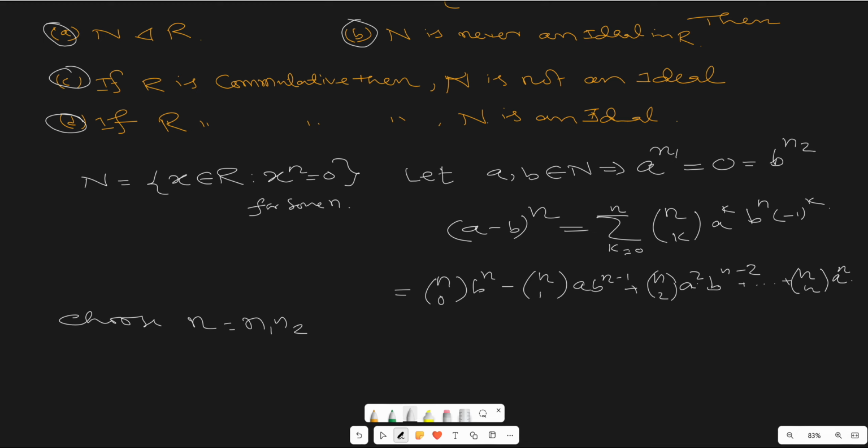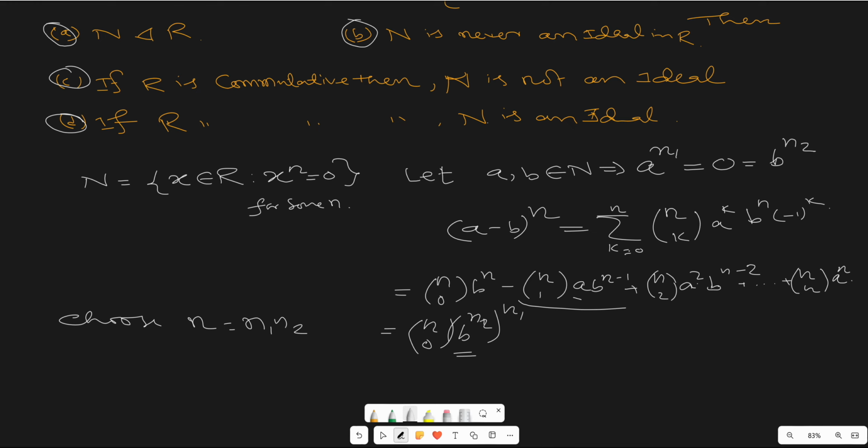So see, b to the power n, you can write it as n choose 0, b to the power n1 n2. But b to the power n1 n2 you can also write as b to the power n2, to the power n1. So this will give you 0. Come to this, so you are getting a to the power n1 n2 minus 1, right?